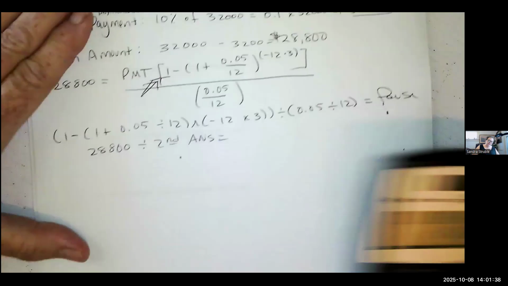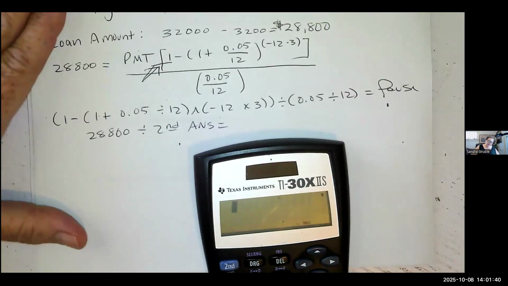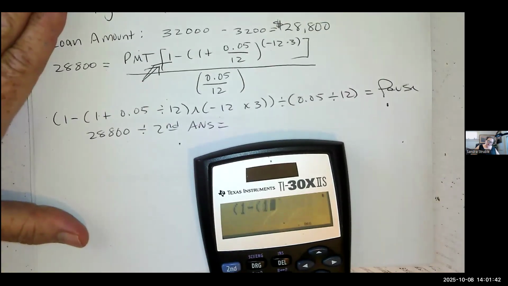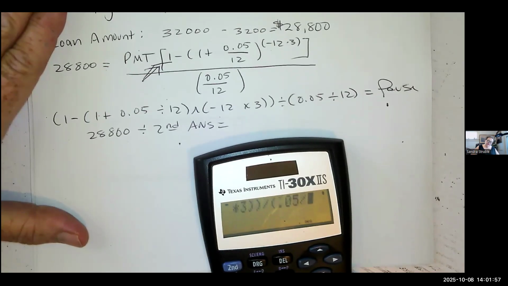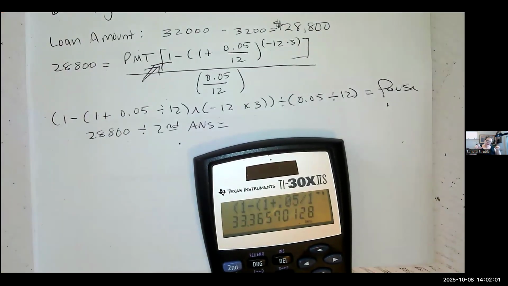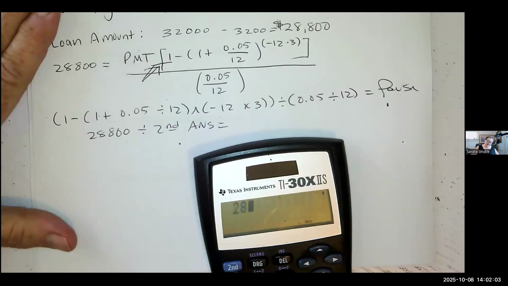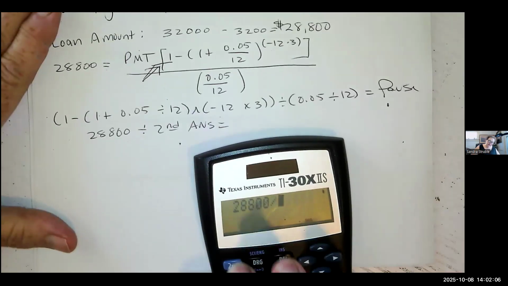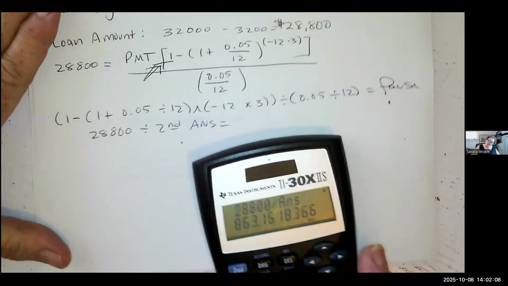All right, let's put this in together. Parenthesis 1 minus, parenthesis 1 plus, 0.05 divided by 12, close, caret, open, negative 12 times 3, close, close again, divided by open, 0.05 divided by 12, close, equal, pause. That's not my answer. I've got to type in 28,800 divided by second, answer equals.